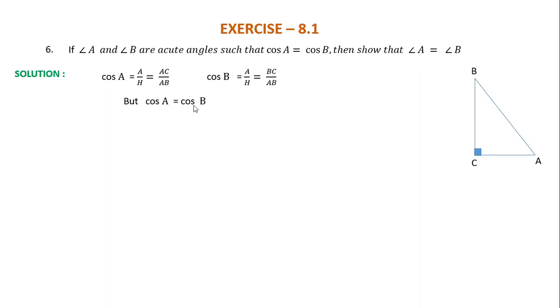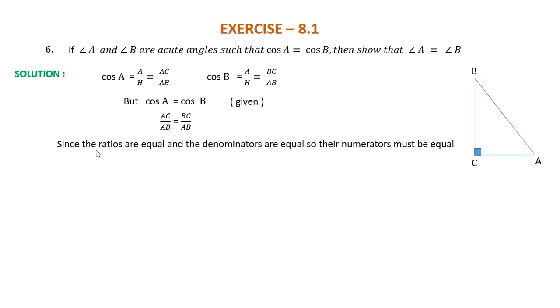If cos A is equal to cos B, that means this ratio and this ratio both must be equal. So AC upon AB is equal to BC upon AB. The denominators are the same, so the numerators must also be the same. Only then these two ratios will become equal. So you can conclude AC is equal to BC.